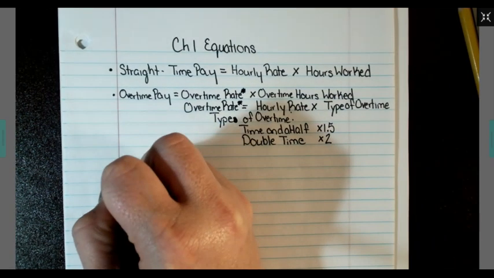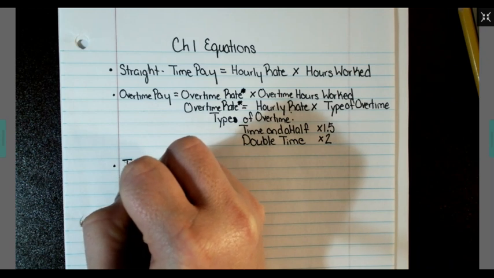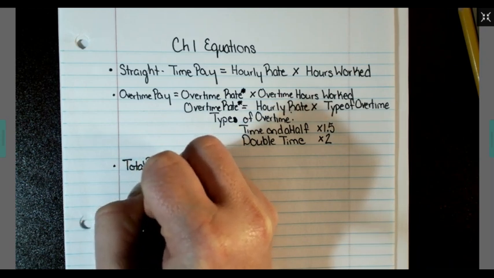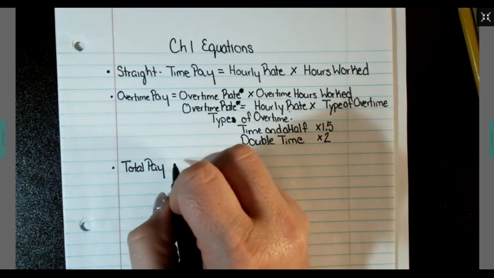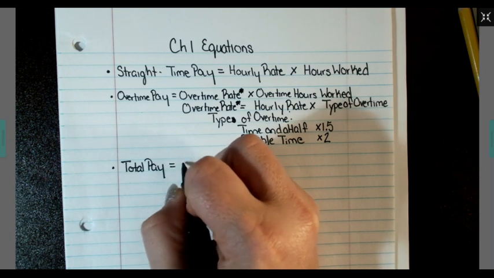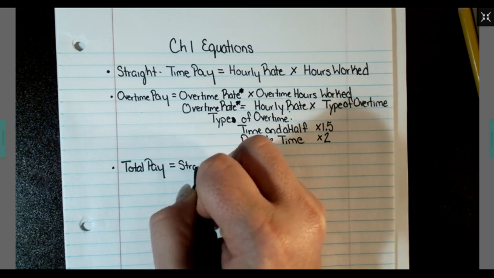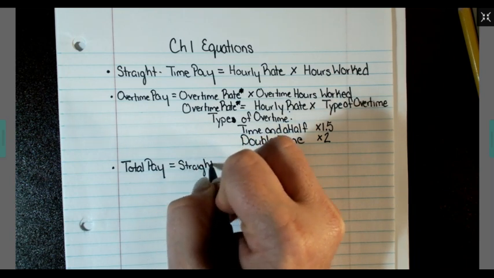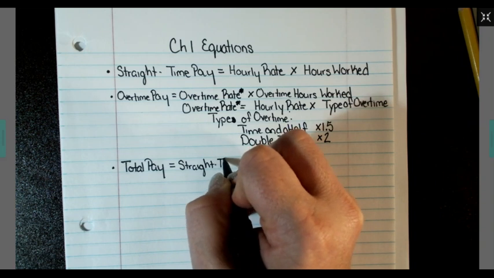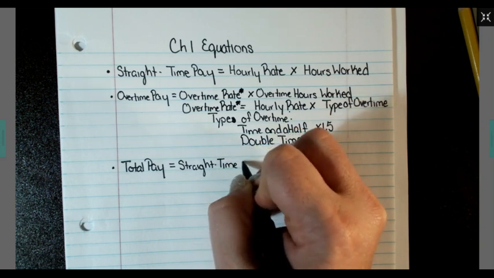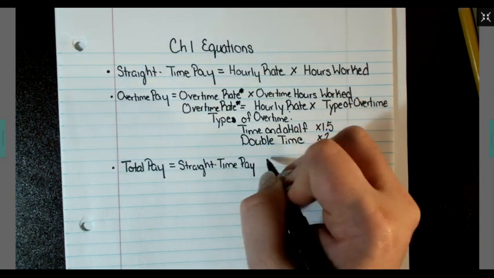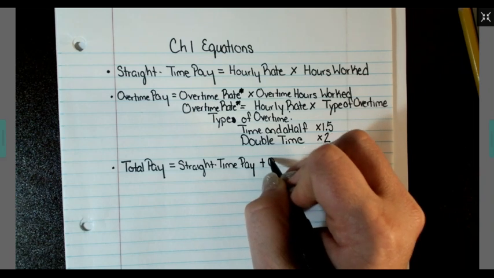Next equation, total pay equals straight time pay plus overtime pay.